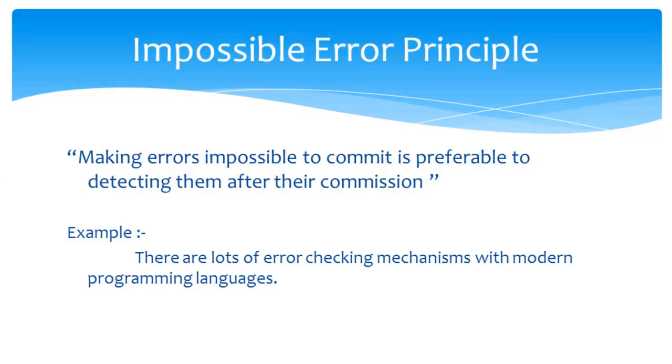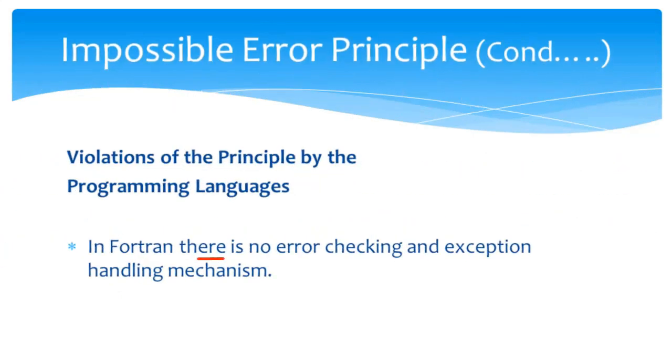As an example, there are lots of error checking mechanisms in modern programming languages. Though the situation is like that, there are some violations by FORTRAN of this impossible error principle. Violations of the principle by the programming language. In FORTRAN, there is no error checking and exception handling mechanism.